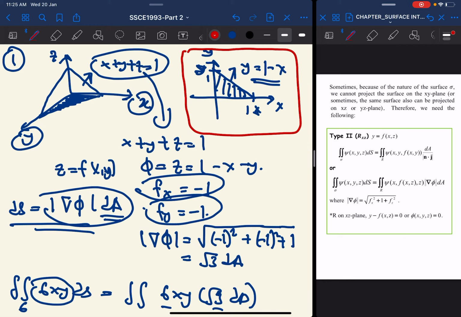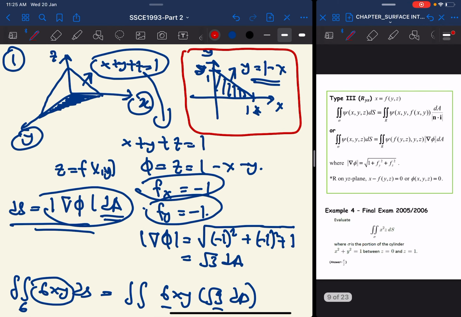If the projection is on the xz plane, the change is on this one, so we have fx and fz. The idea is still similar, but the change is in the magnitude of grad phi, and also based on the given scalar function. That is the second type.